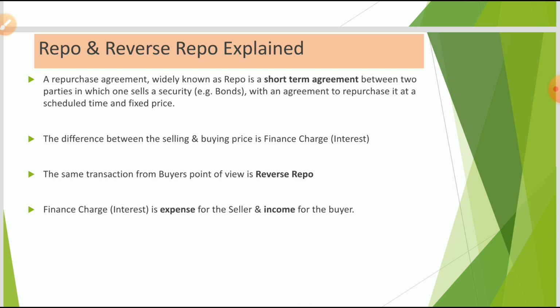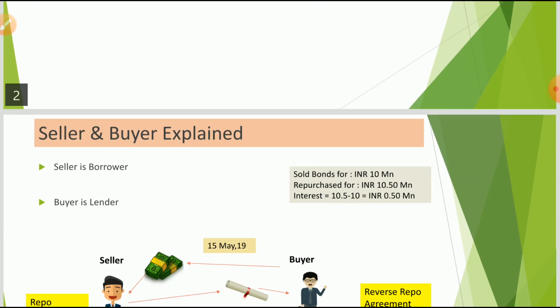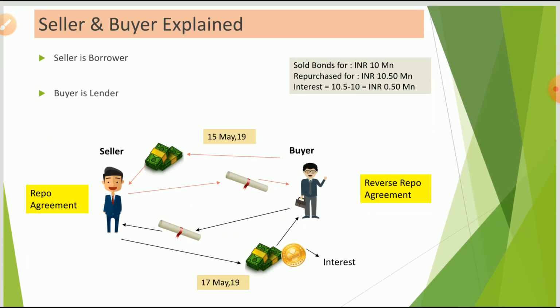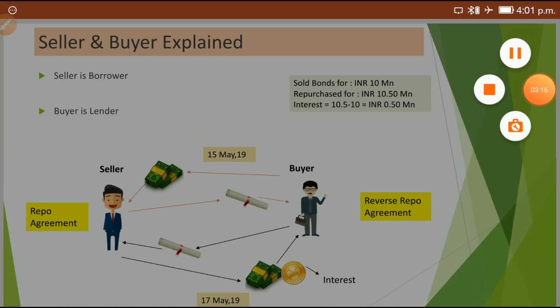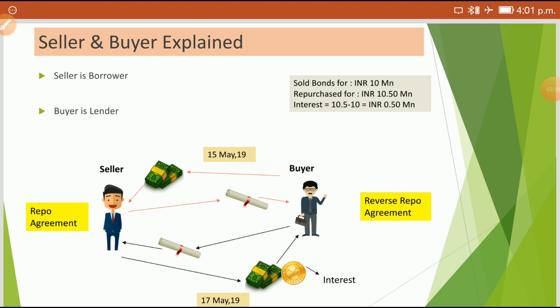So let's understand this repo and reverse repo with an example. The seller is also known as the borrower because he is borrowing the money, and the buyer is also known as the lender.